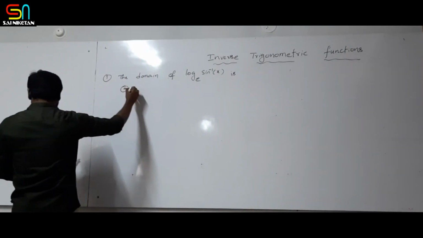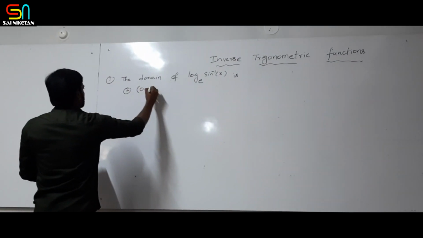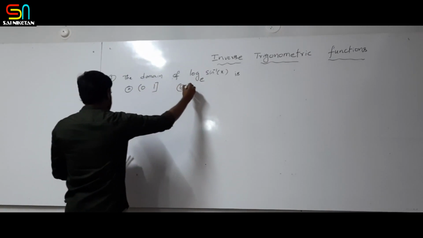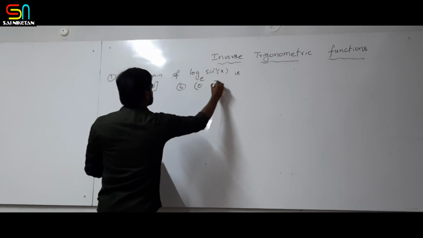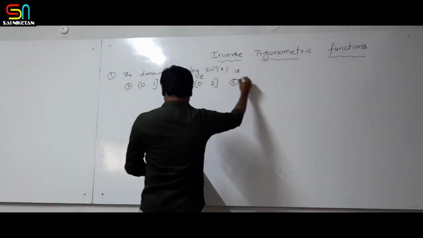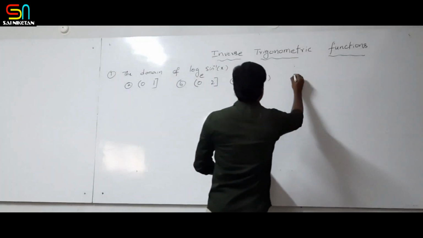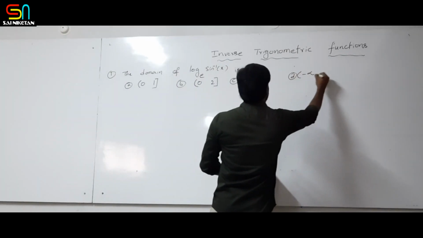Option A is open interval 0, closed interval 1. Option B, and option C is open interval of 0 to infinity. Option D is minus infinity to 0.